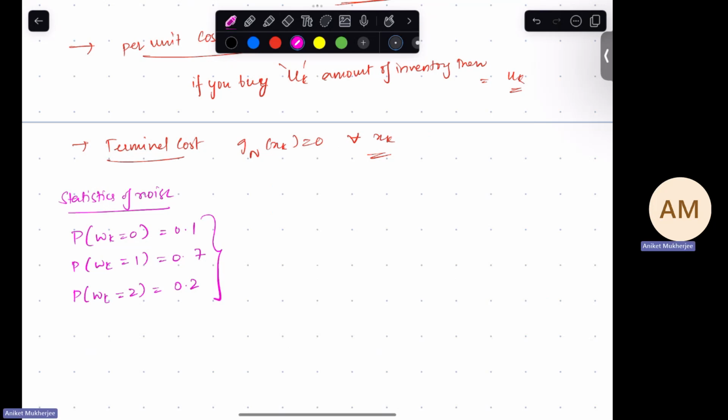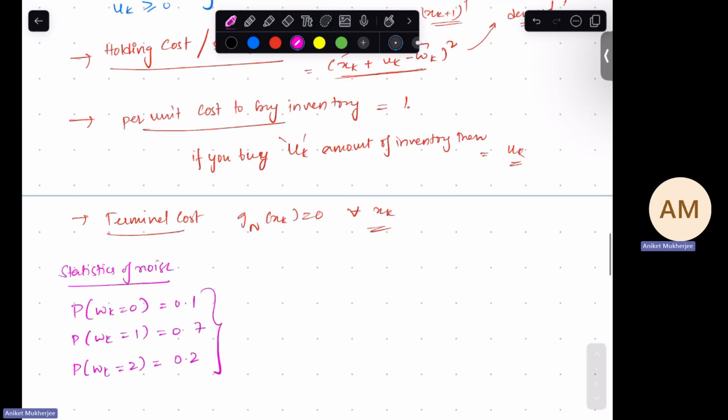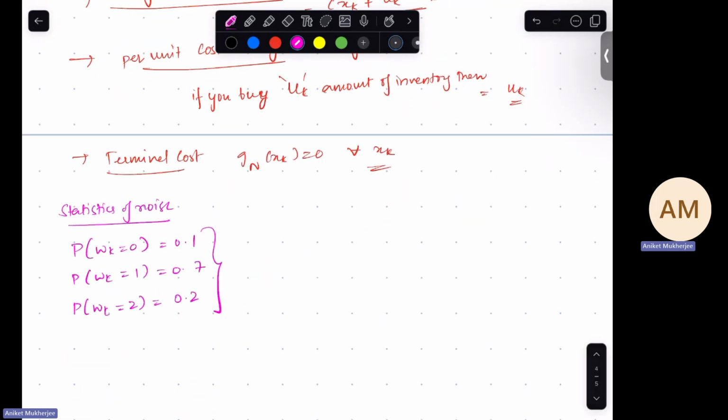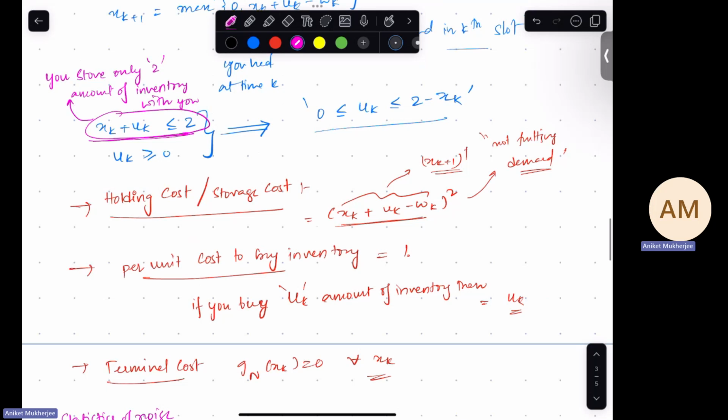If probability of wk equal to 3 was non-zero, then there would be no point because you have a constraint that you can't store more than 2. So at most your demand would be 2. There's no point in getting a demand of 3 because you don't have that much and you'll always keep paying a penalty. So this constraint that you can only store 2 is known to the customers.